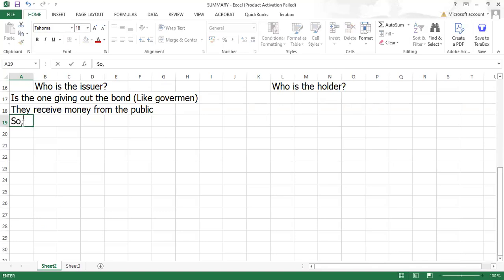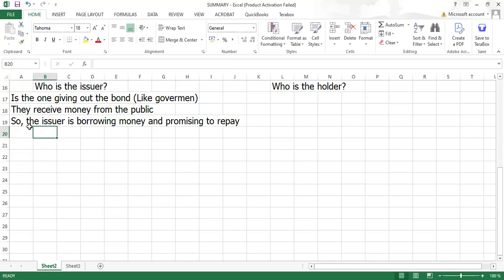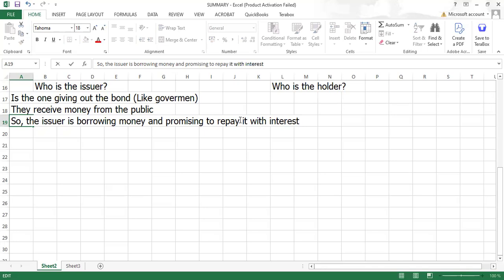So you'll find that the issuer is borrowing money from the public and promising to repay it with interest. What does that mean?